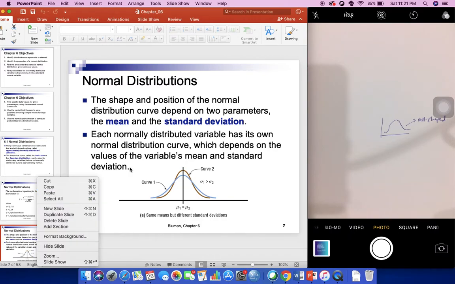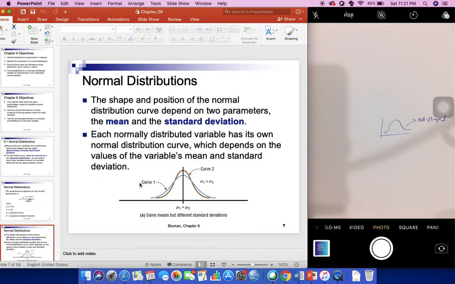The shape and position of the normal distribution curve depend on 2 parameters: the mean and the standard deviation. Each normally distributed variable has its own normal distribution curve, which depends on the values of the variable's mean and standard deviation.